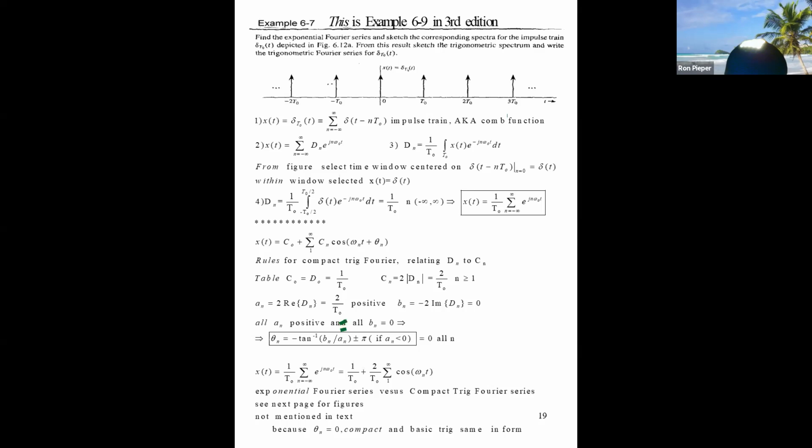Okay, so we got this example from the book regarding computation of the d n coefficients.